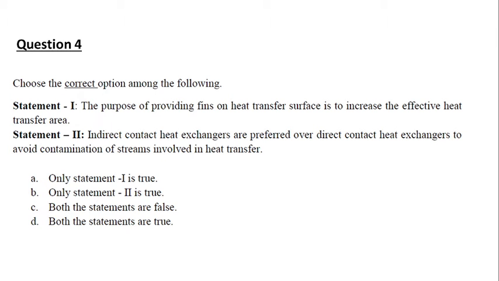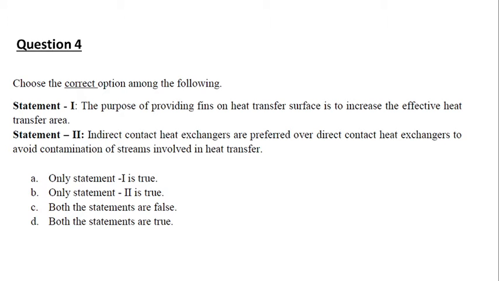So next, question number 4, choose the correct option among the following. Two statements are given. Statement 1, the purpose of providing fins on heat transfer surface is to increase the effective heat transfer area.